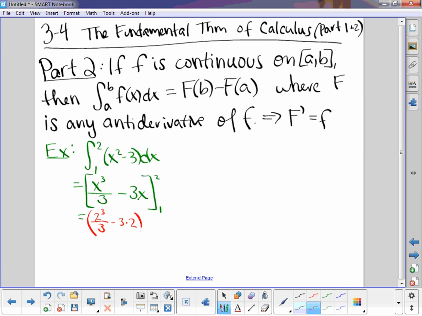I'm going to put a big parentheses around there because it's f of b minus f of a, and I want to subtract that whole next piece. So I first took my b value and put it in, and then I'm going to subtract from that my a value. Substitute it. Okay, so I have then 1 cubed over 3 minus 3 times 1.